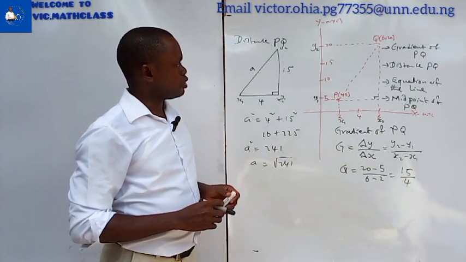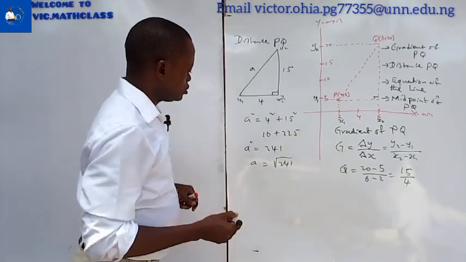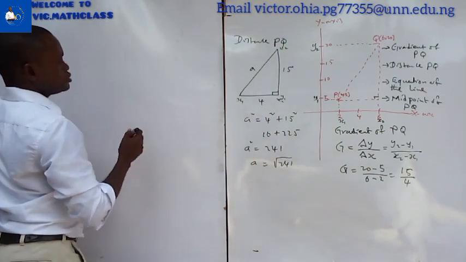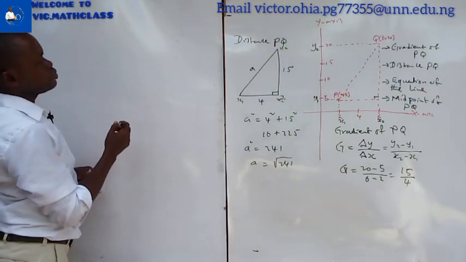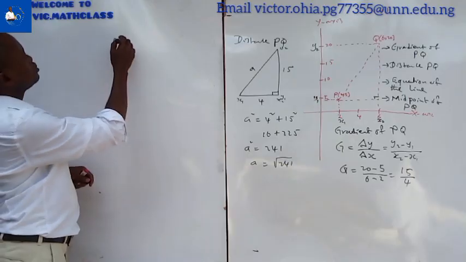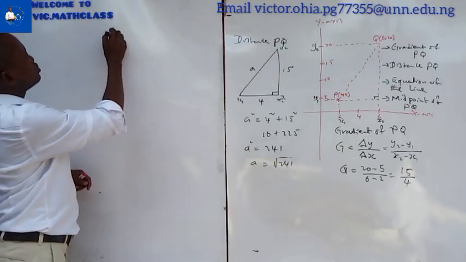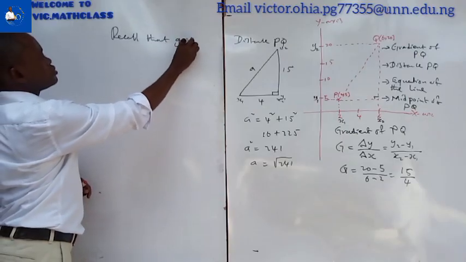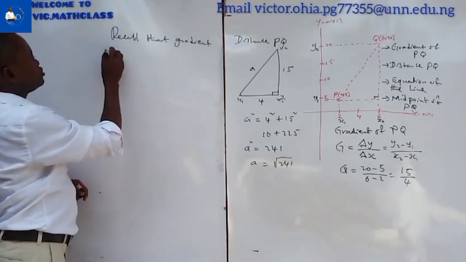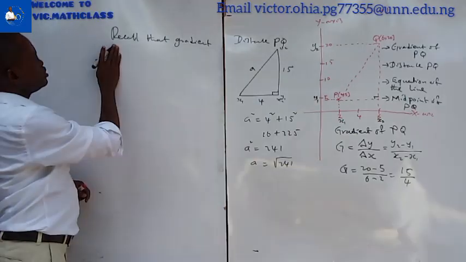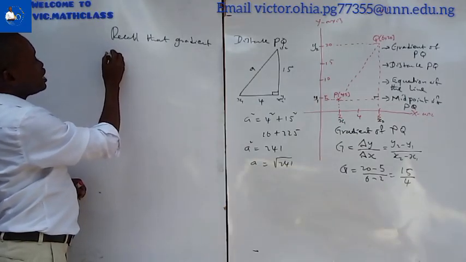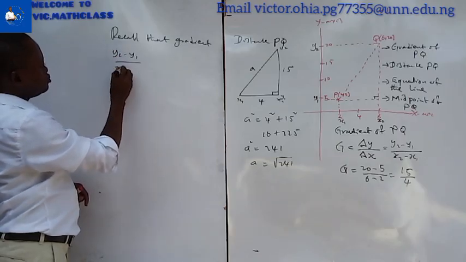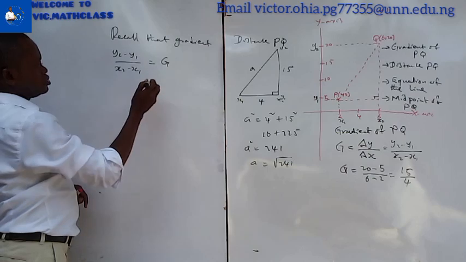The next thing I will look at quickly is the equation of that line. And the equation of that line, the way I'm going to look at it is, recall that the gradient G, or let me start with the gradient, giving us y2 minus y1 over x2 minus x1 is equal to G. Do we get?